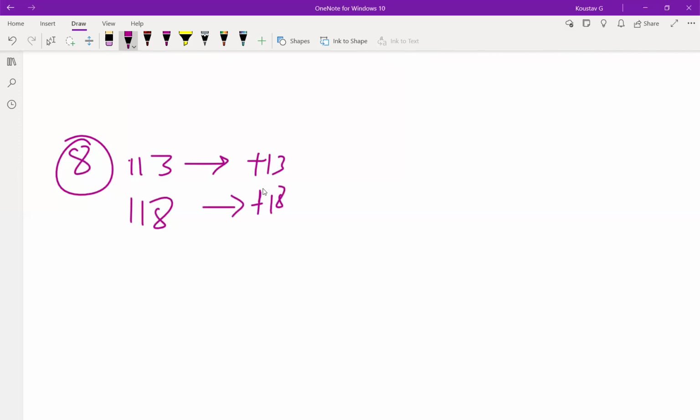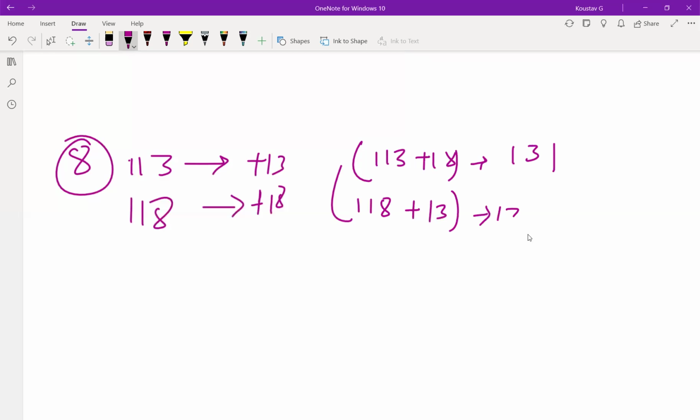So do the same approach as I have told earlier. 113 plus 18 is nothing but 131, right? And in the same way, 118 plus 13 is also 131, right?